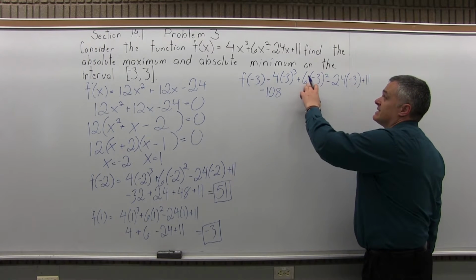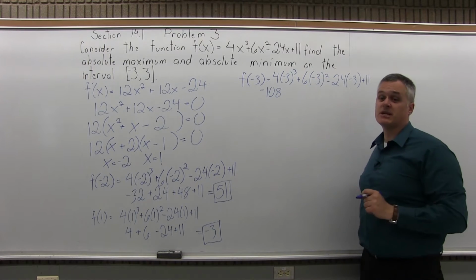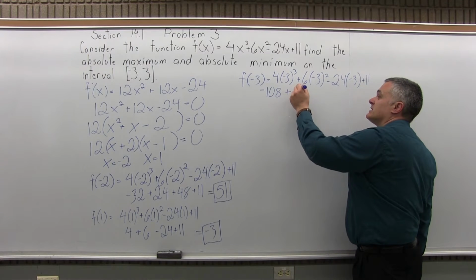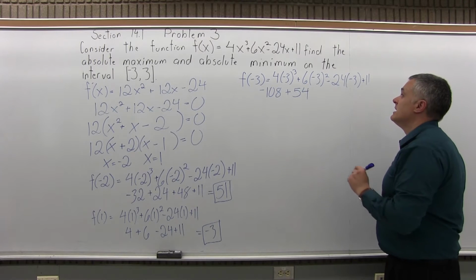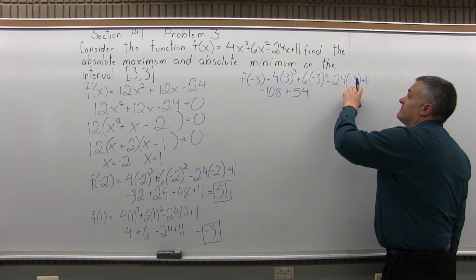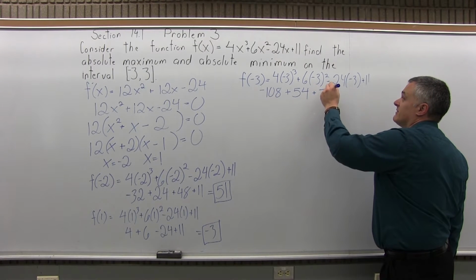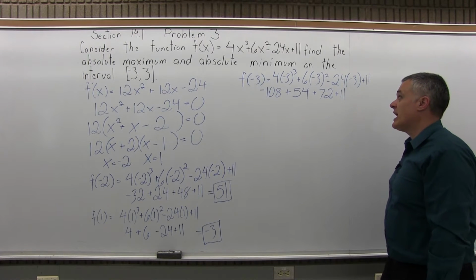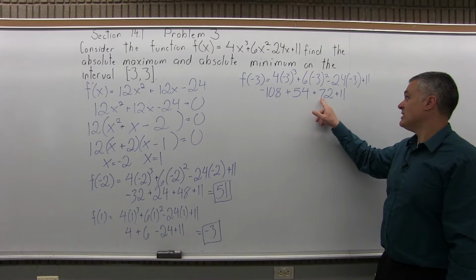Now the next piece, 6 times negative 3 squared. So first, negative 3 to the second power. Negative 3 times negative 3 is positive 9 times the positive 6 in front. Positive 9 times positive 6 is positive 54. And then negative 24 times negative 3. Negative times a negative is positive. You get positive 72 plus 11. So now if I combine my positives, 54 and 72 should be 126.